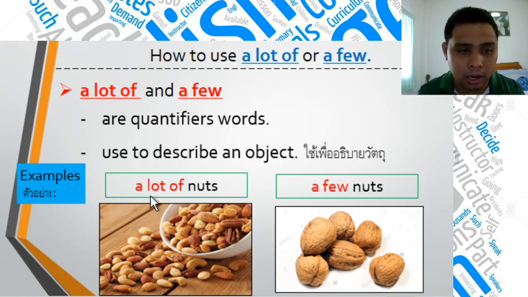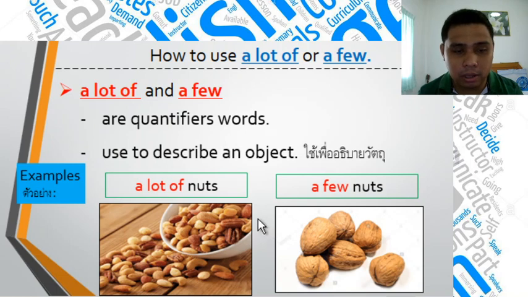You use a lot of if the nuts are so many, and you use a few if there are just a small number, like less than 5. They're considered few.